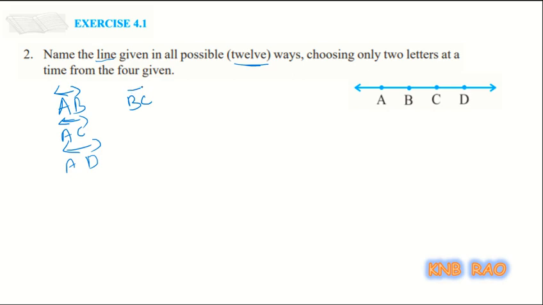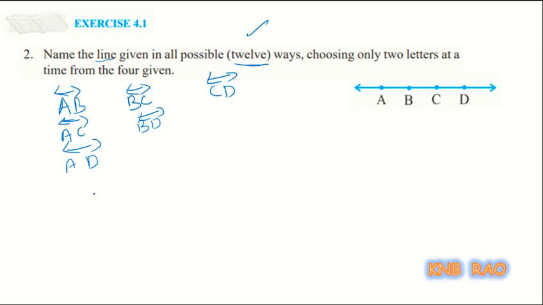Taking B as one of the compulsory points to name it, I have this 2 more ways. Then C as one compulsory point I can name like this also, this line. So, any 2 points are enough to name the line. Now, these are the 6 possibilities. How could they say 12?